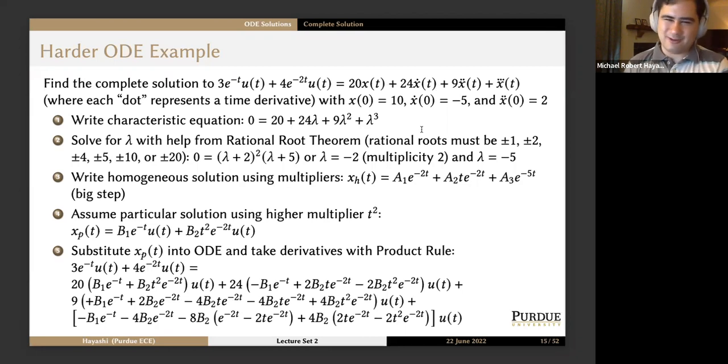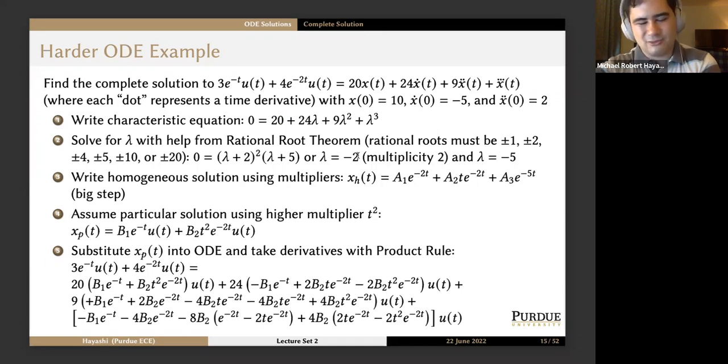Recall the rational root theorem says that all rational roots of a polynomial must be of the form of all the factors of 20, plus or minus, over all the factors of 1, because you take the constant term over the coefficient of your highest order term.